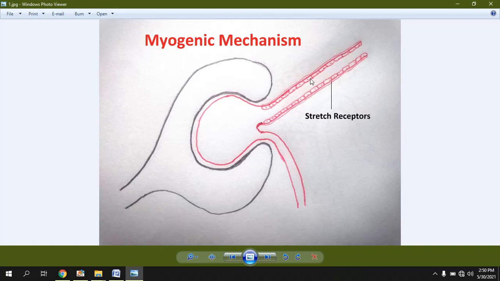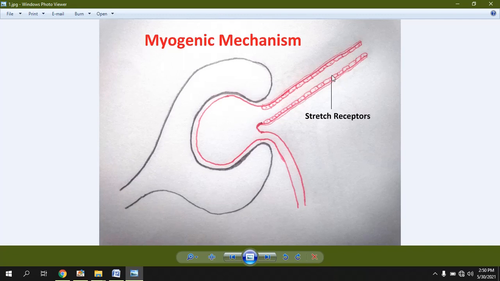The stretch receptors are present inside each myocyte all around this afferent arteriole. Those stretch receptors contract the afferent arteriole without the interruption of any external body.